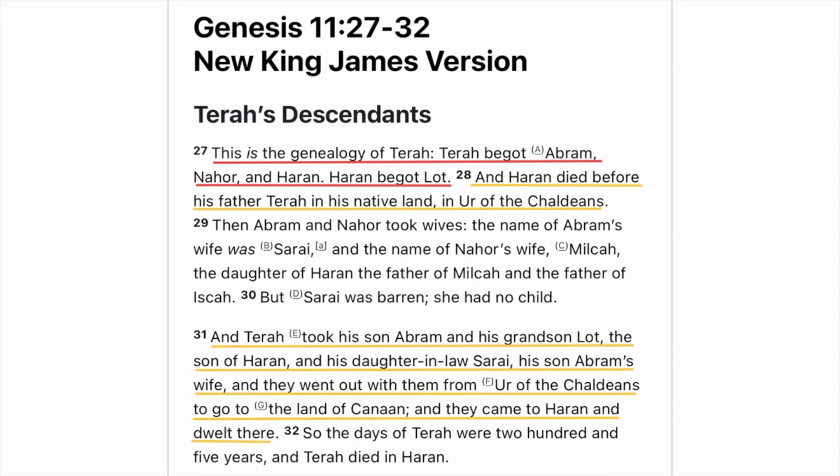And Terah took his son Abram and his grandson Lot, the son of Haran, and his daughter-in-law Sarah, his son Abram's wife, and they went out with them from Ur of the Chaldeans to go to the land of Canaan. And they came to Haran and dwelt there."